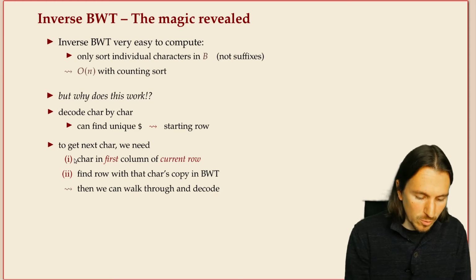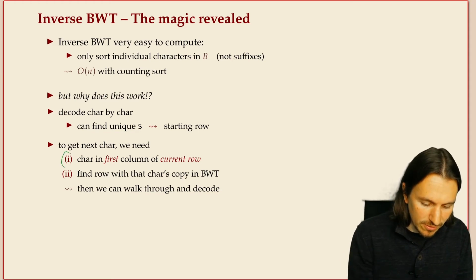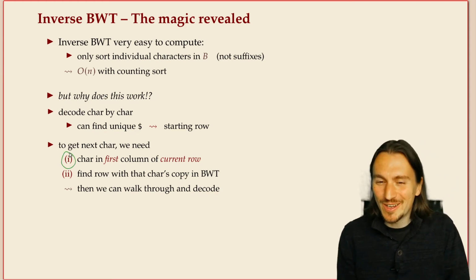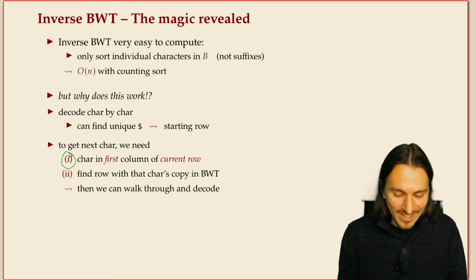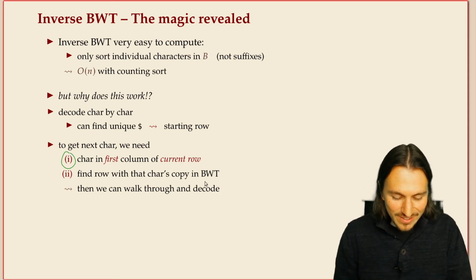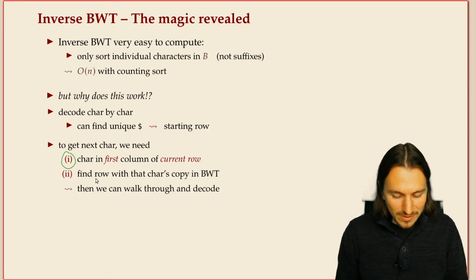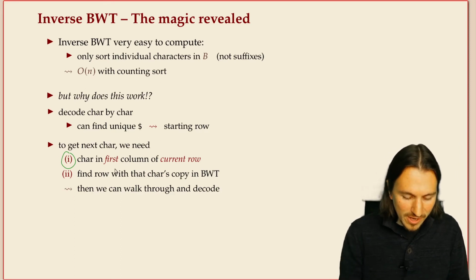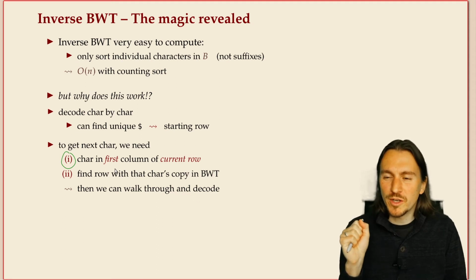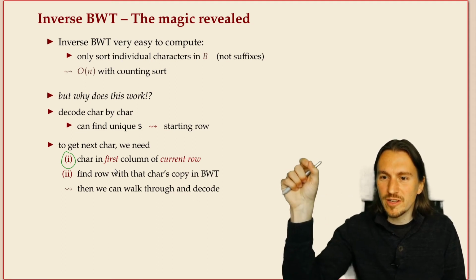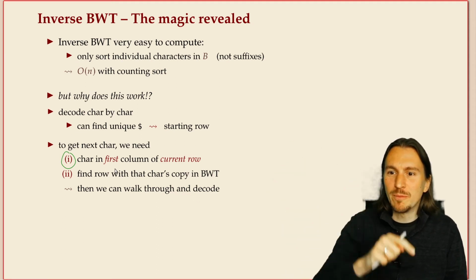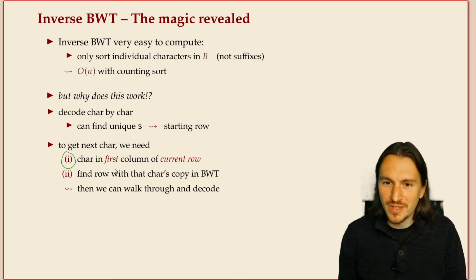That's part one. So maybe make that green because I'll have more things to draw in a second. And then the second thing we need is, now that we have this character in the first row, we want to find that character on the right so that we can then jump back to the front of that row.